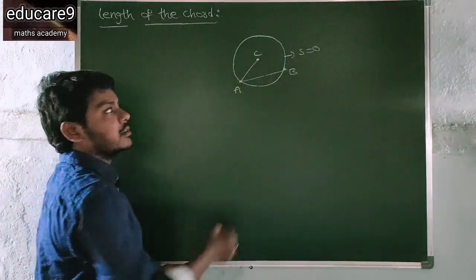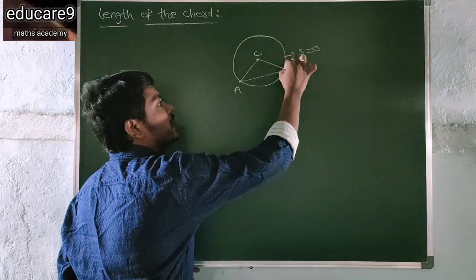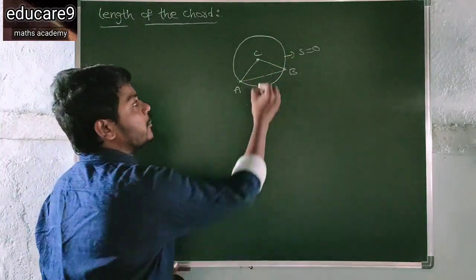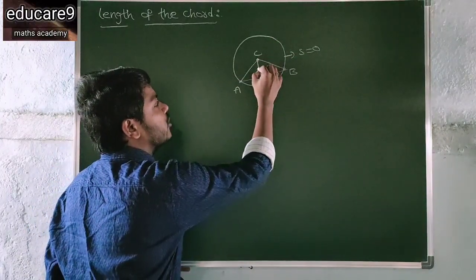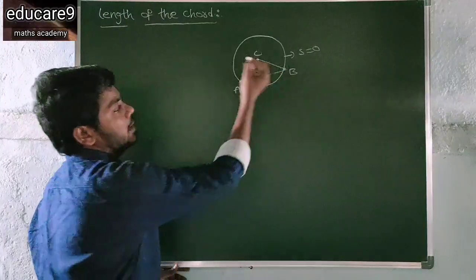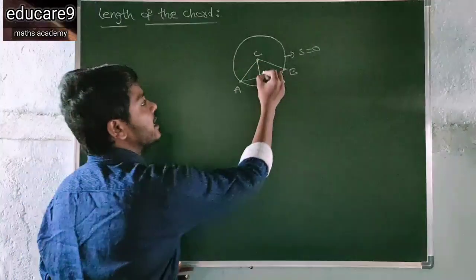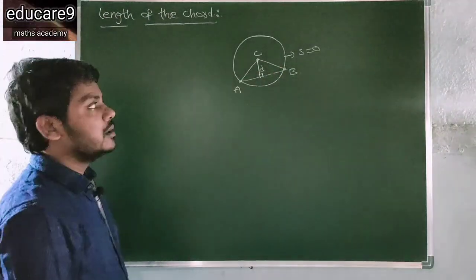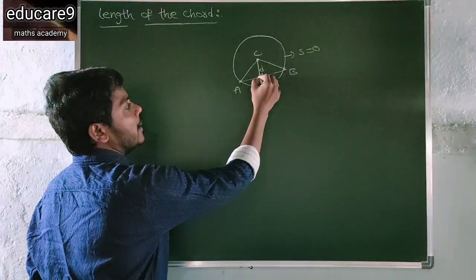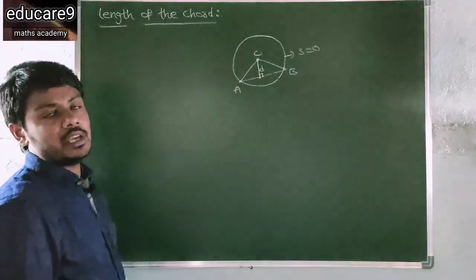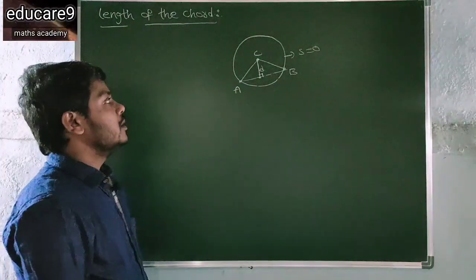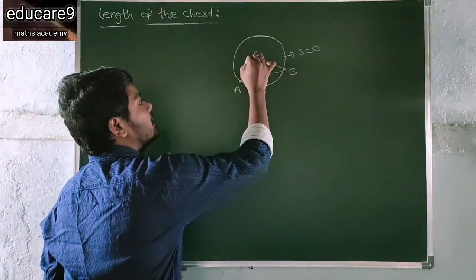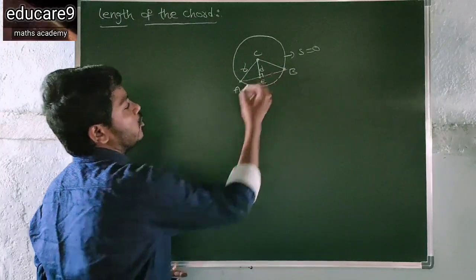Radius of the circle, and CB is also a radius of the circle. So draw the perpendicular line from the center to the line segment AB. So that is D. Now clearly this is what? Midpoint of the AB. Suppose this is point E.